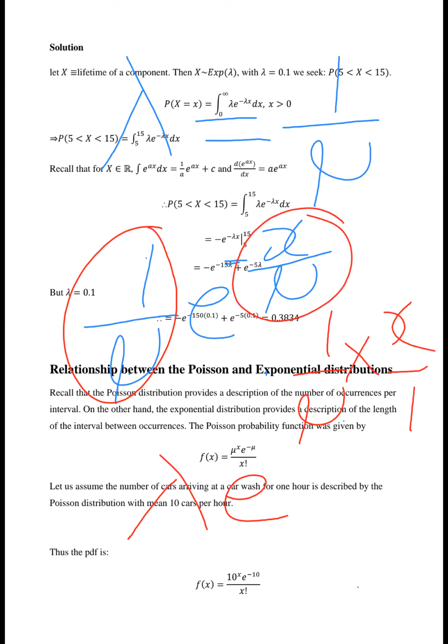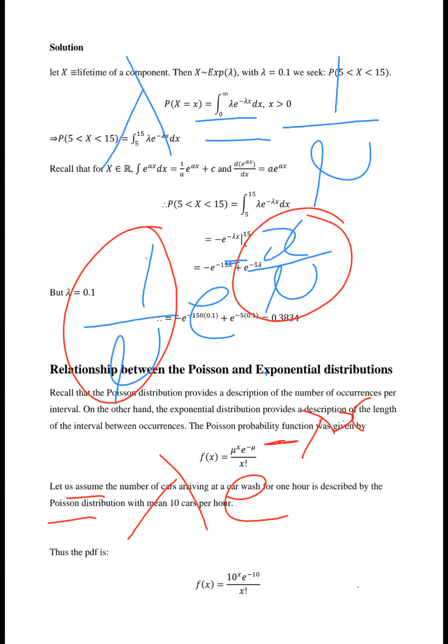So 1 over mu is basically lambda, times x, which will be lambda x. That's why we can rewrite this as lambda e to the power negative lambda x. This is just the related version thereof. You integrate the function, and you end up with something like this.